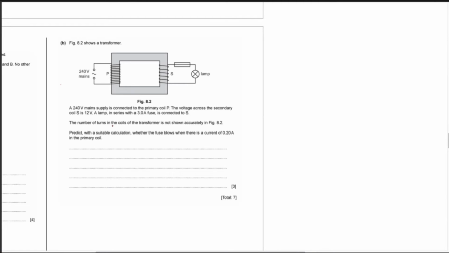The number of turns. So is there something wrong with the network again? Sir, are you there?